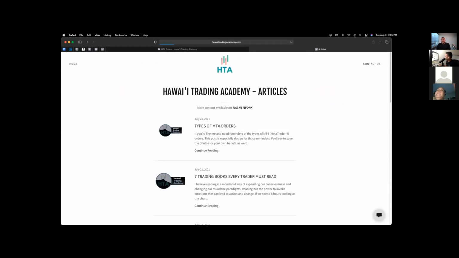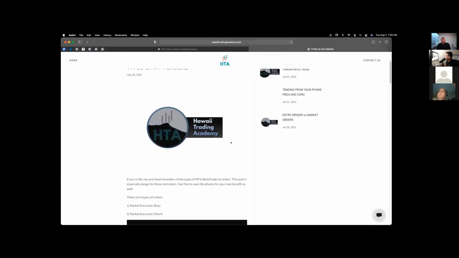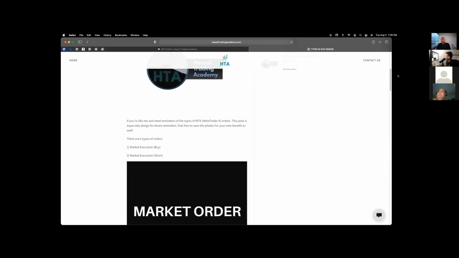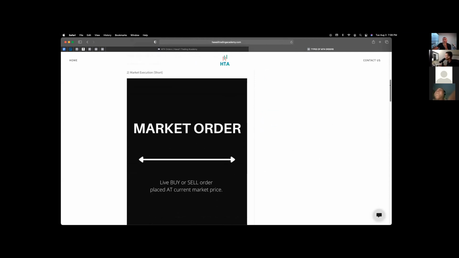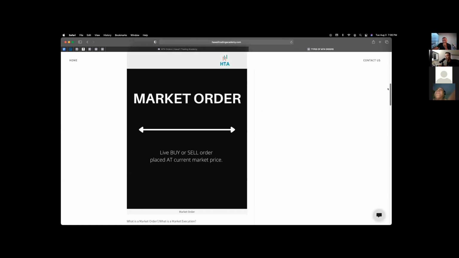Seeing that most of the prop fund companies use MT4 Trader, which is the MetaTrader 4 platform, we wanted to make a graphic on how to enter the markets and what the orders mean. So you have a market order, which is entering the market live.